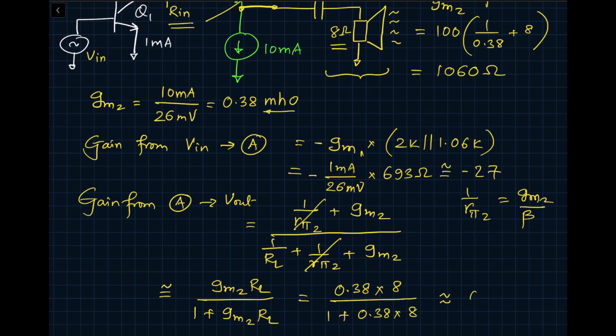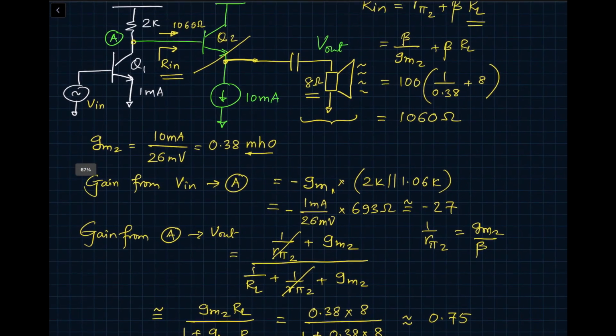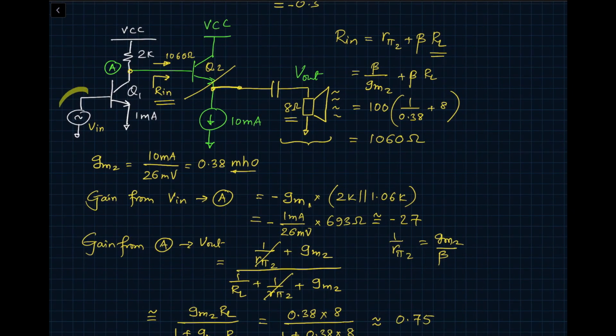We don't get gain, but we actually get a loss. So we get 0.75. So what did we figure out so far? From input to node A, we got a gain of 27 approximately, and from node A to output, we got a gain of 0.75.